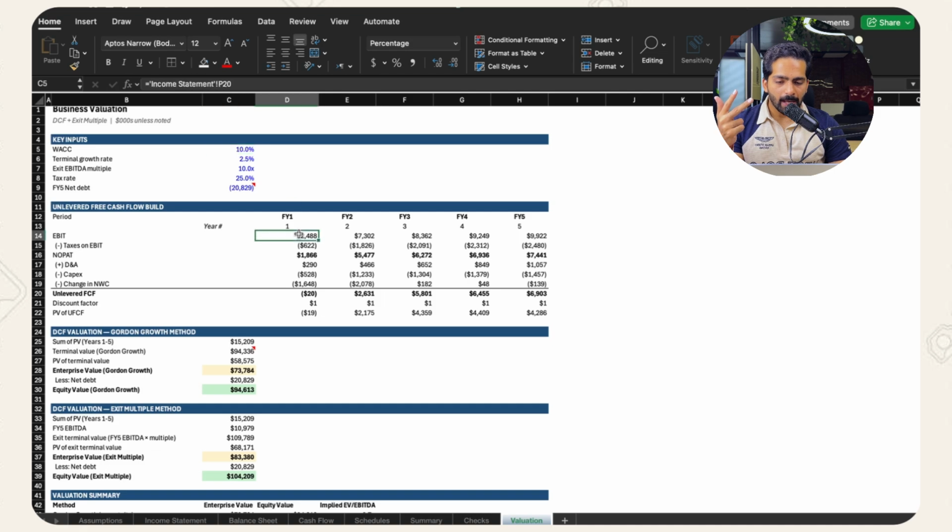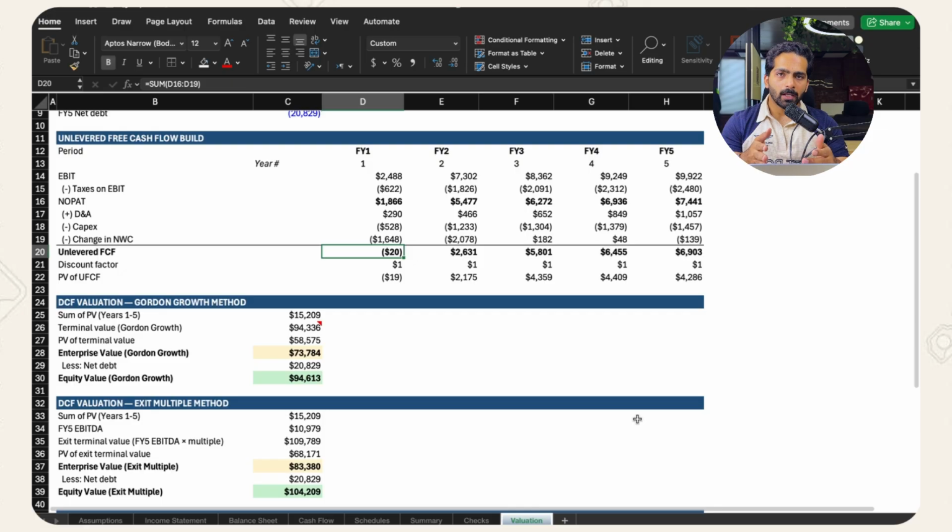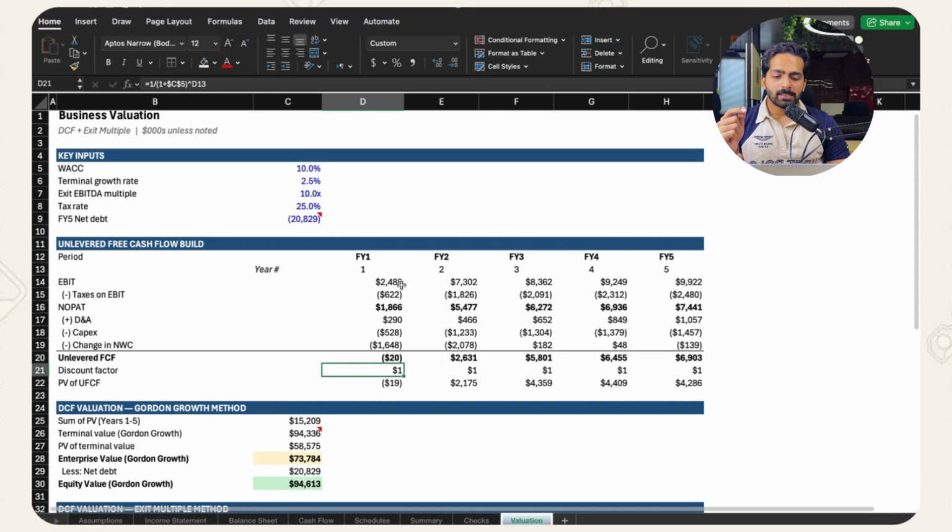So we are getting all the information from the income statement and adjusting these three things, and then we get unlevered free cash flows, which shows how much cash flow is in your company that is not bound to anything, which is free. Then we use a discount factor, which is obviously our weighted average cost of capital, to calculate how much value we need from it.